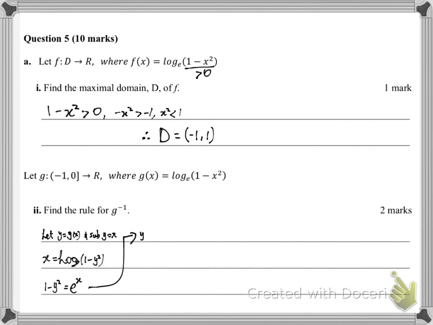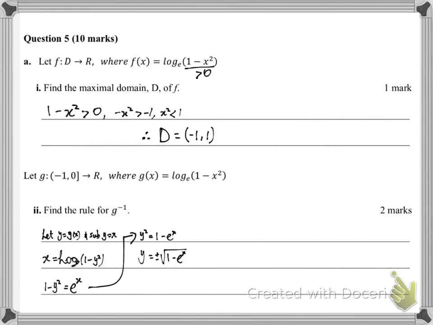So we do the exponential, e to the x. We rearrange to get y squared by itself. So the next step is to do the square root on both sides. Now, can't have both positive and the negative square root together, but that's essentially what it's equivalent to. Okay, this is a relation, that's not a function in itself.